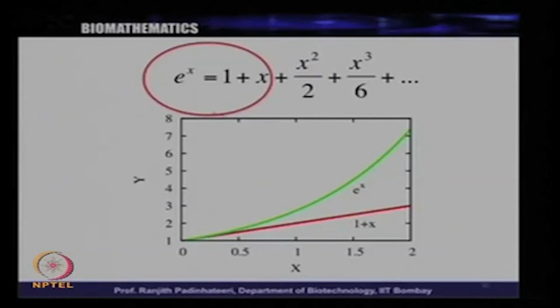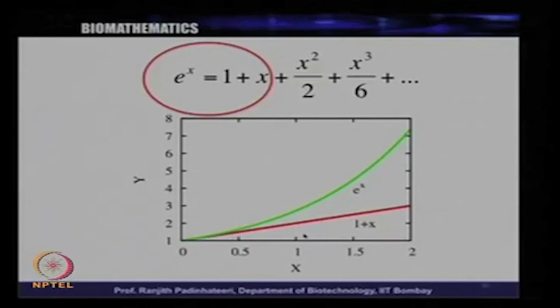As you can see, very close to 0 they have the same values. The red and green meet close to 0, but as they go away from 0, they diverge. This goes like this and 1 plus x goes in this fashion.